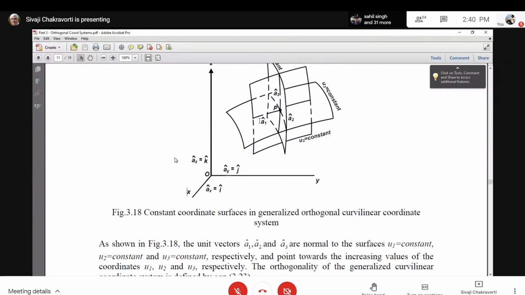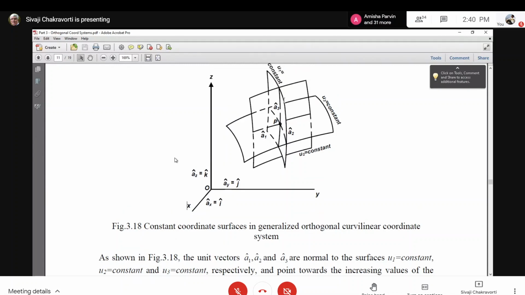Previously, if you remember, the k vector is normal to a plane which is z equal to constant. So it is the same concept: u1 equal to constant, then the a1 vector is normal to that.